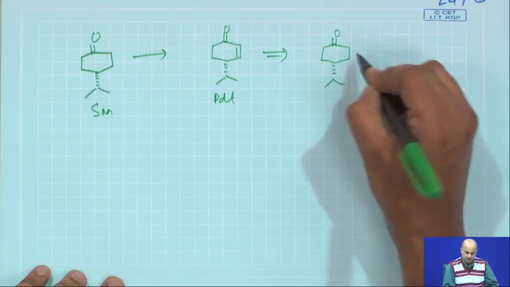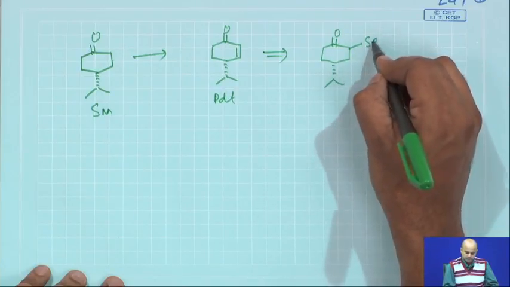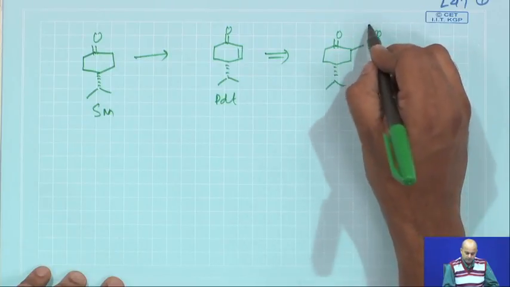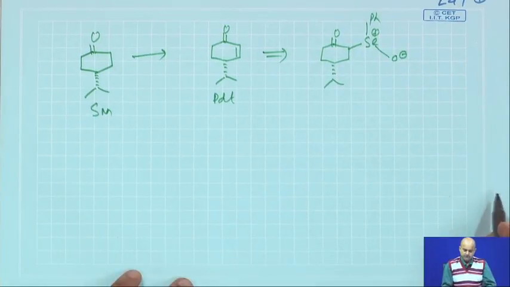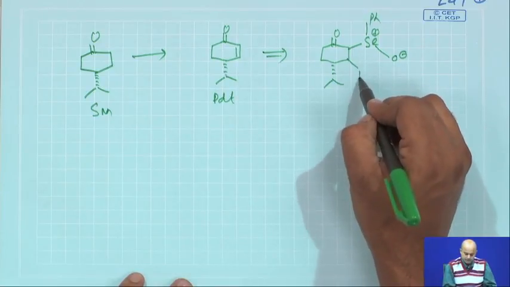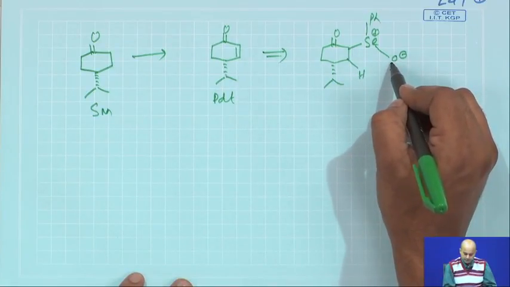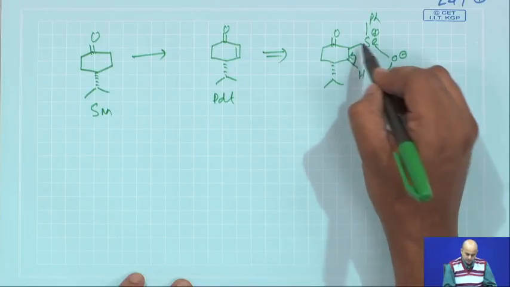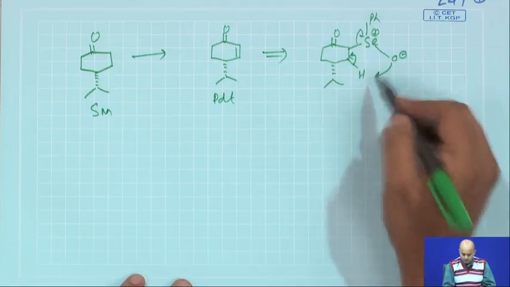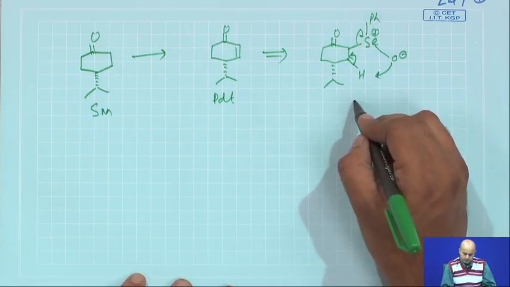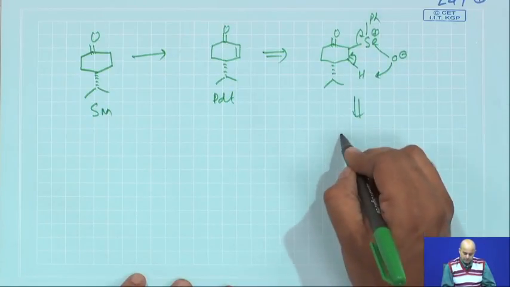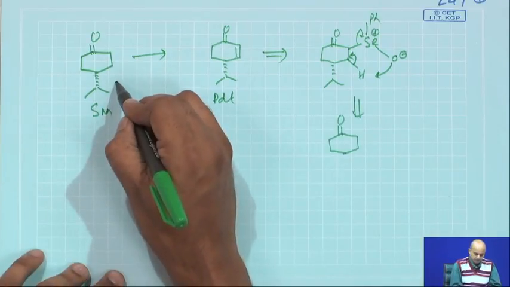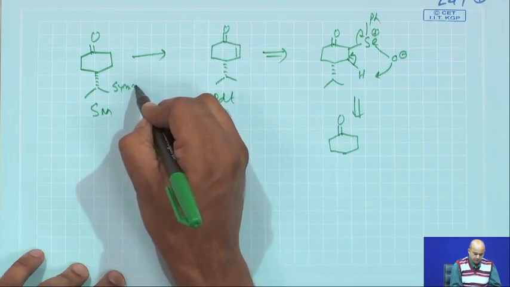I am saying that I will be doing a selenoxide syn elimination, which is nothing but a 2,3 sigmatropic rearrangement. So, this O minus picks up this hydrogen, and PhSeOH altogether is leaving. Now, how can you make this compound? The initial molecule is symmetrical, this molecule is symmetrical.